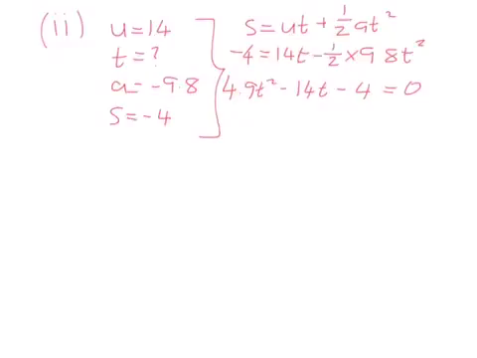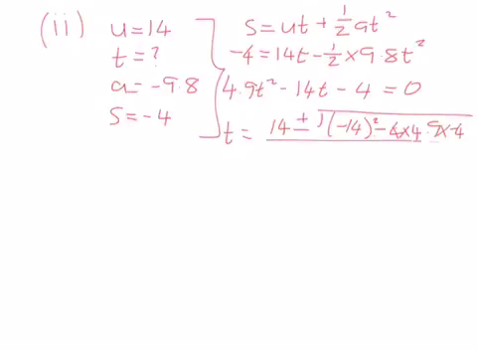If we put this into our quadratic formula, we'll have t equals 14 plus or minus the square root of minus 14 squared minus 4 times 4.9 times minus 4, all under the square root, and then all over 2 times 4.9.